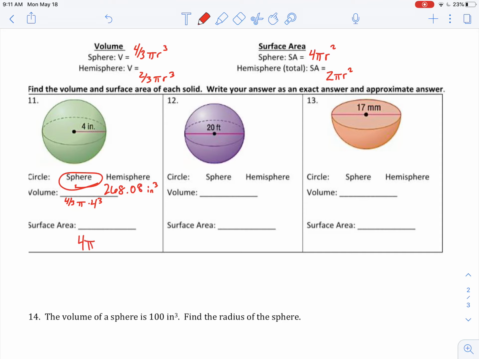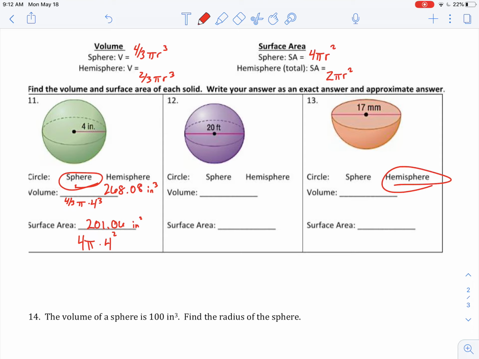And the surface area would be 4 pi times r squared, which would be 4 times pi times 16, which gets me 201.06 square inches.